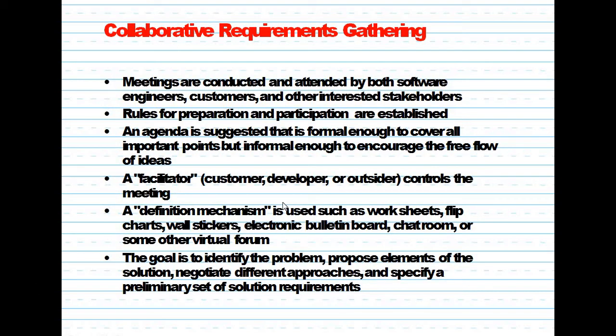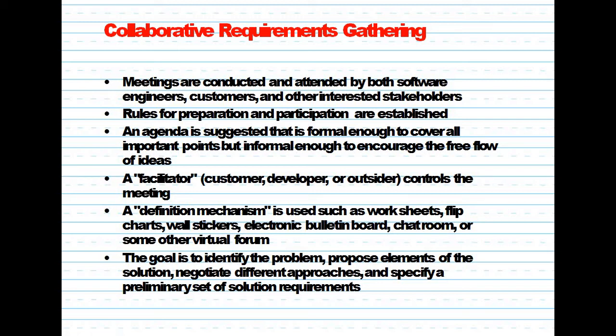Now next is collaborative requirement gathering. Collaborative requirement gathering means meetings are conducted and attended by software engineers, customers, and other interested stakeholders. Rules for preparation and participation are established. An agenda is suggested that is formal enough to cover all important points but informal enough to encourage the free flow of ideas.